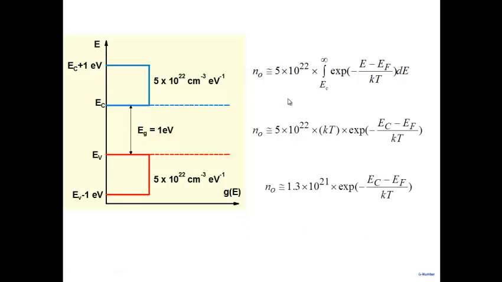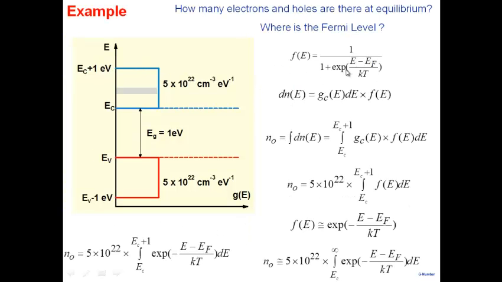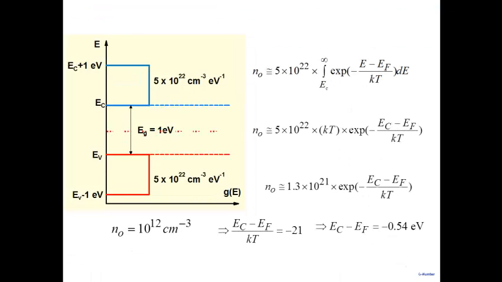And if you go back and look at this exponential, e to the power 21, that's huge. So obviously, 1 you can forget about it. So if you know how much N0 is, you know where the Fermi energy is. On the other hand, if you know where the Fermi energy is, you can calculate N0. Both of them are related together.